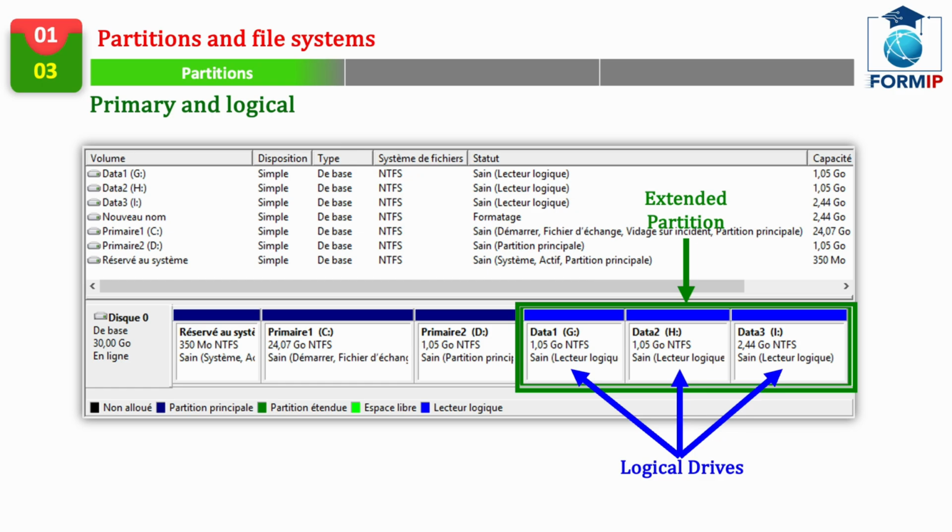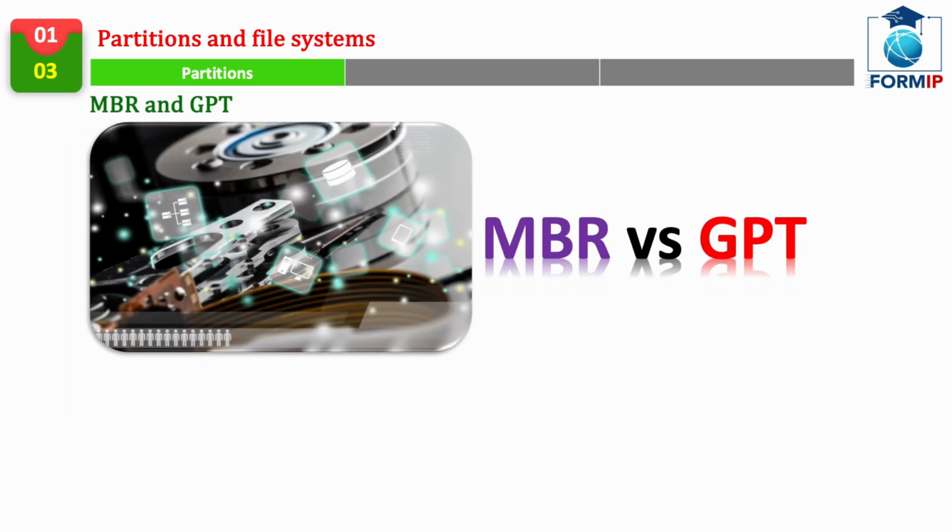It's just to have logical partitions in which we can store data. Basically, you just have to remember that a primary partition is used to boot the operating system, and that an extended partition allows you to create logical partitions that can only store data. That is to say, they are not bootable.